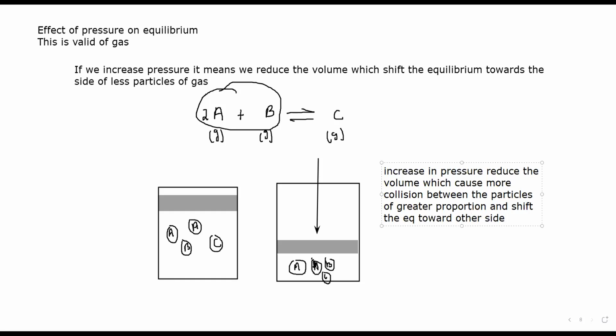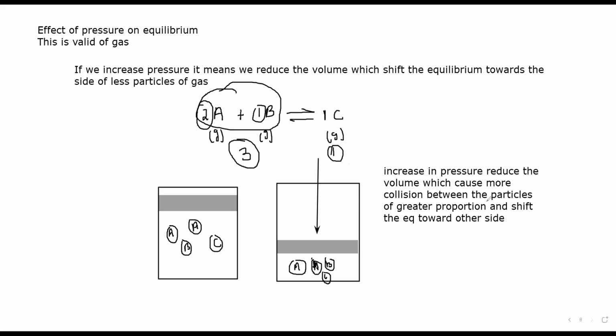So you can see how many particles of reactant are there. The total number of reactant particles: we have 2A and we have 1B. So we have 3 particles of the reactant. How many particles of the product are there? The C, only 1 particle of product.